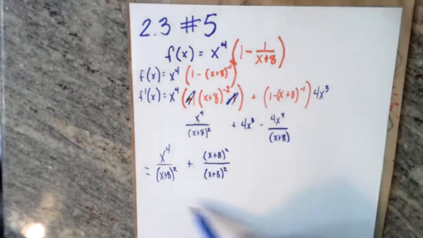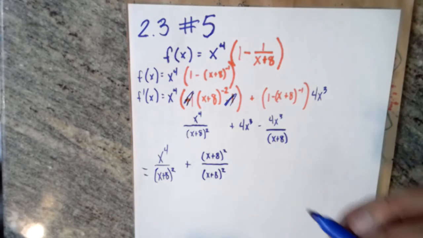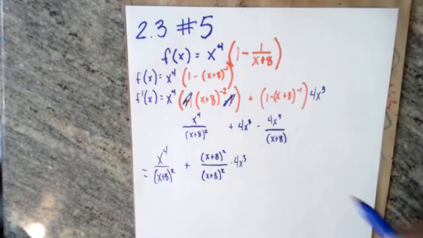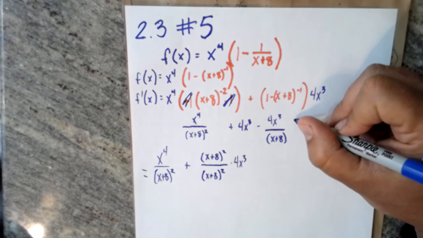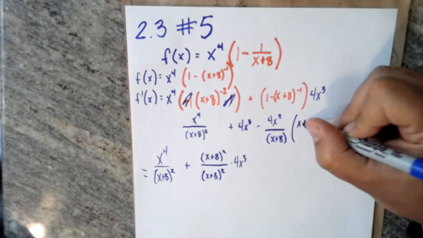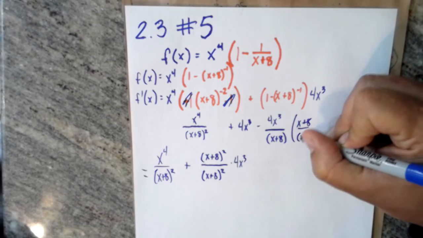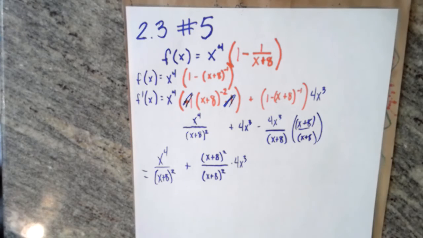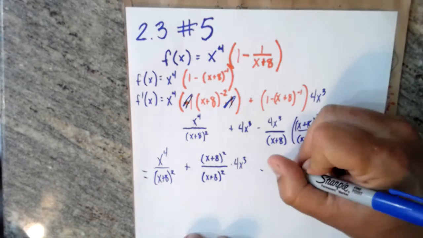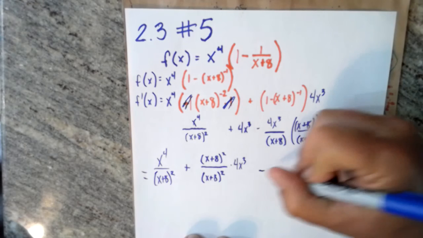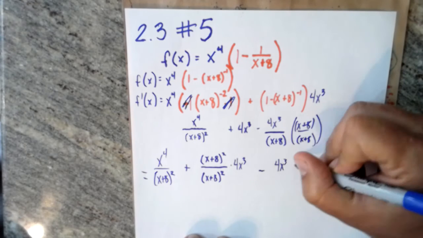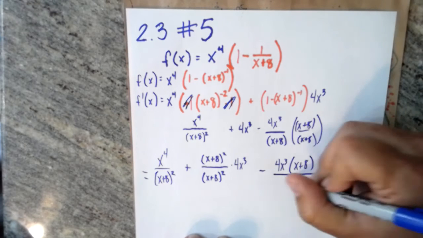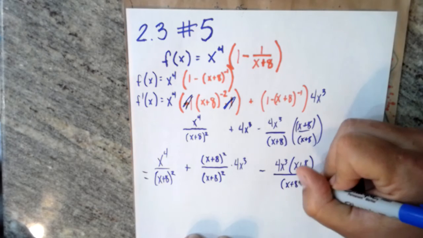I'm multiplying by 1. I'm allowed to multiply anything I want by 1, times 4x cubed. And then let's multiply this by x plus 8 over x plus 8, and then we'll get an (x plus 8) squared on the bottom, which is what we want. So minus 4x cubed times (x plus 8) all over (x plus 8) squared.